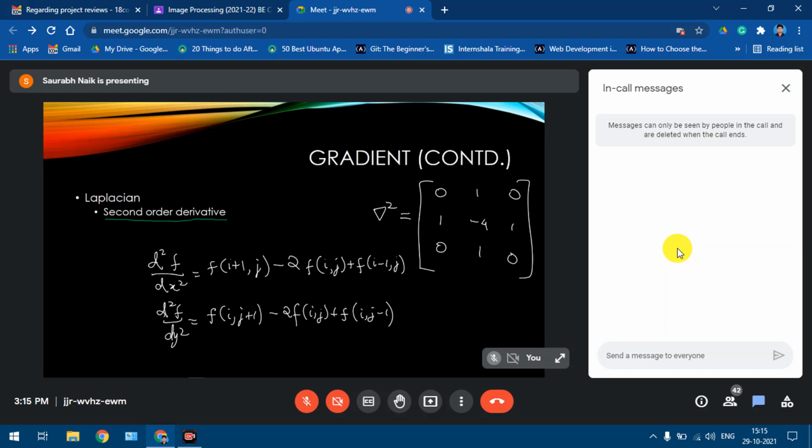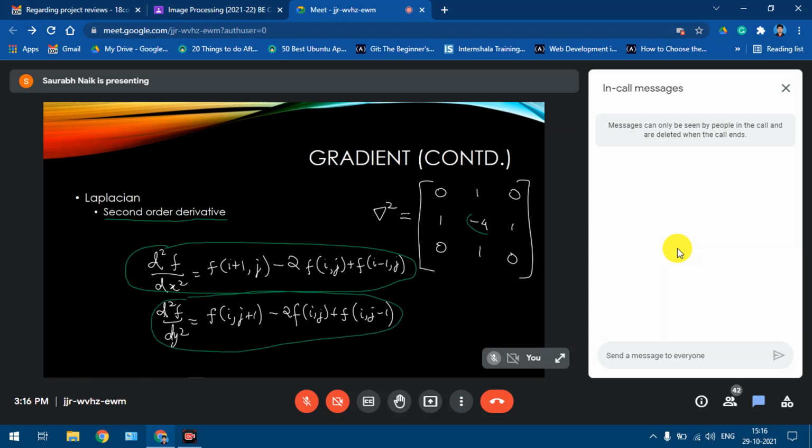When you're approximating the first order derivative, you take the difference between two pixels, and the difference between these two pixels is the gradient of these two pixels, and again you have to take the derivative. So what you get is this equation. In the x direction your convolution kernel will be this equation, and your y convolution kernel will be this.